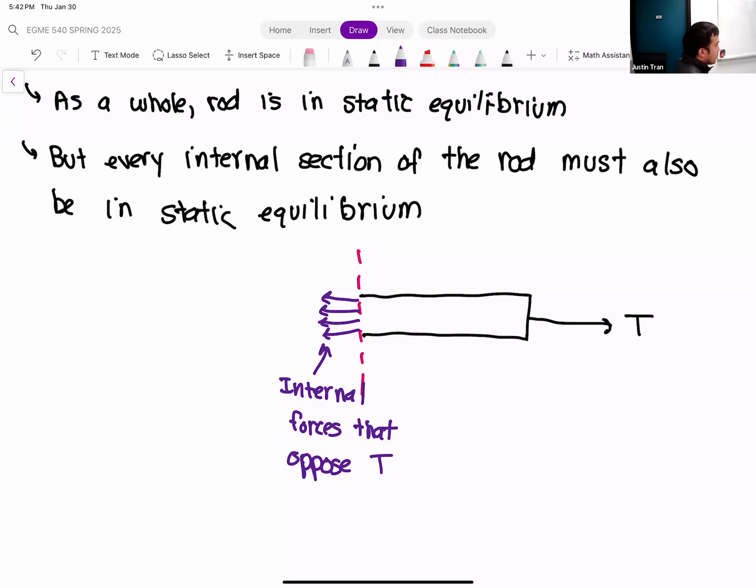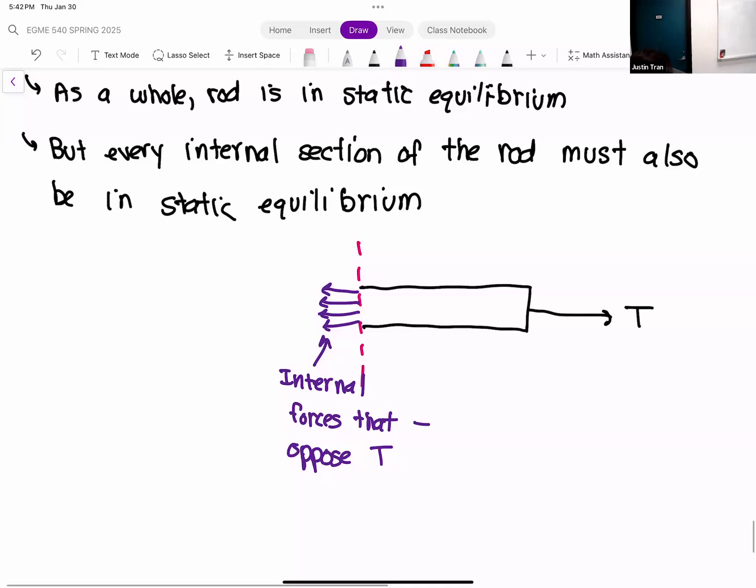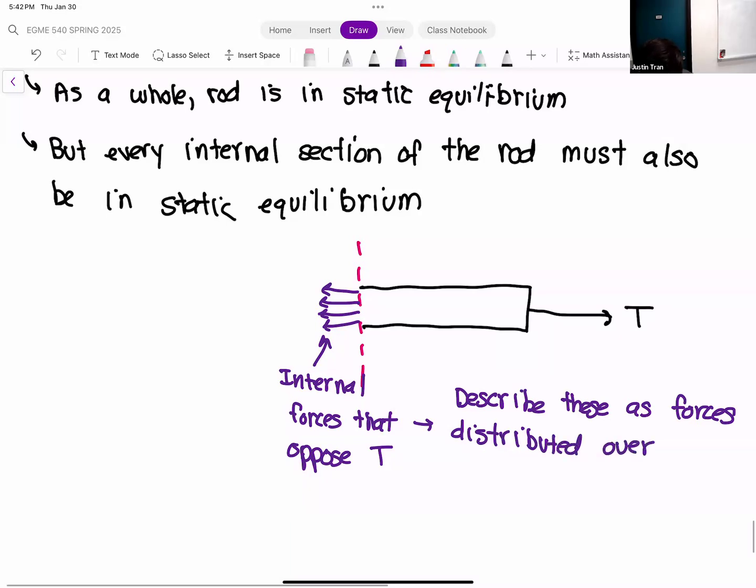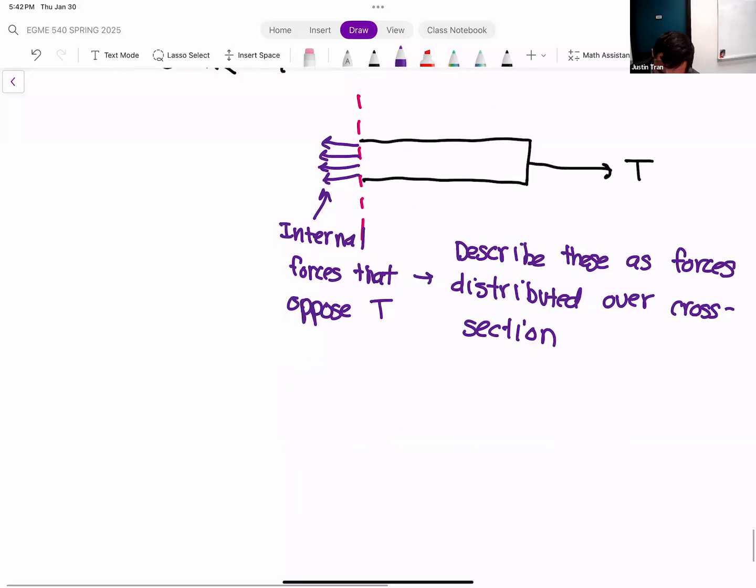The way we usually define these forces is as a force distributed over the cross section of the rod.